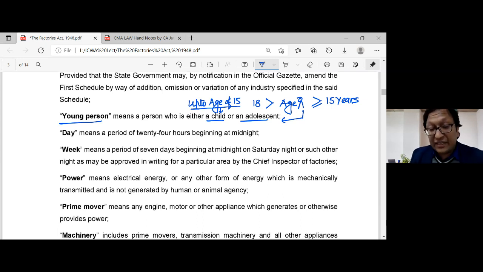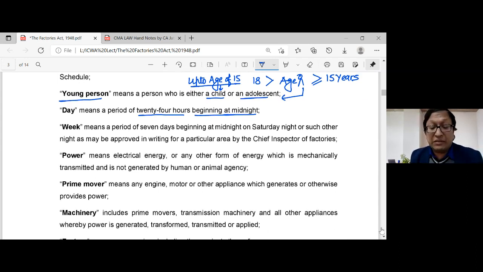Day, as we use it in common parlance, means a period of 24 hours beginning at midnight. Then what do we mean by week as per this Factories Act 1948? Week means a period of 7 days. We already know it's a 7 days period.